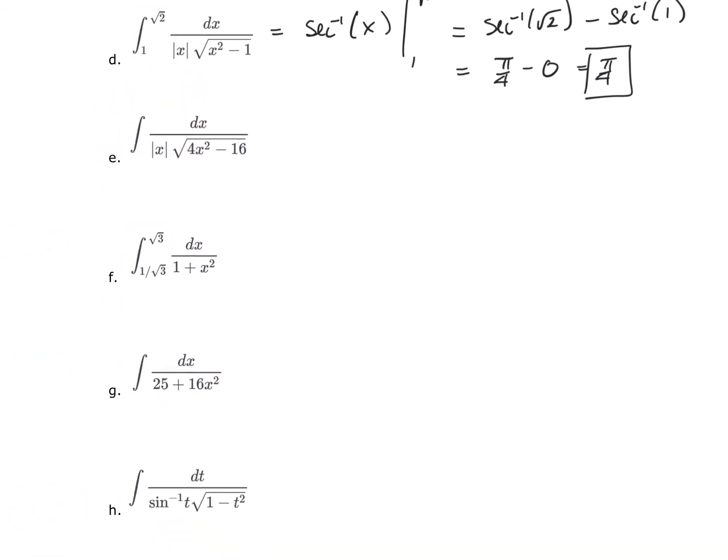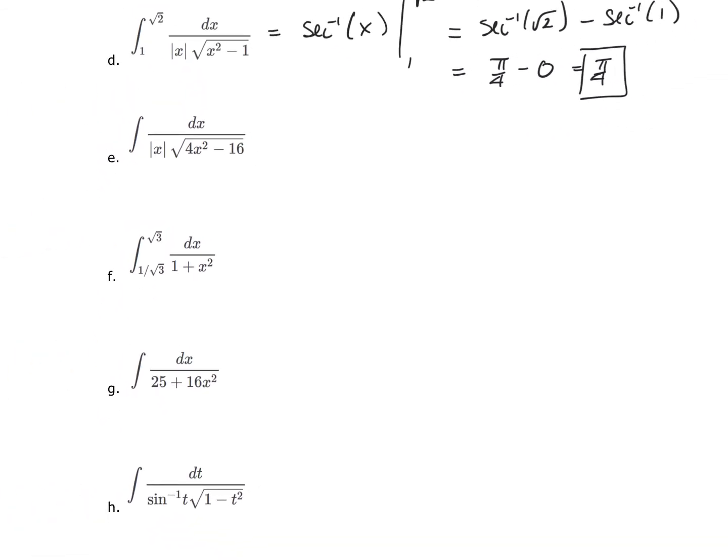All right, E and G are ones where I personally like to do some factoring, because I like to have this in the form of the absolute value of x times the square root of x squared minus 1 in the denominator. I'm going to factor out a 16 under the square root.